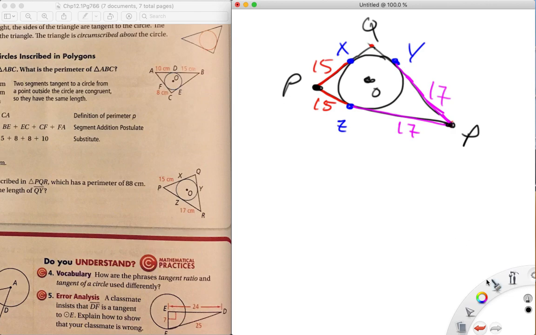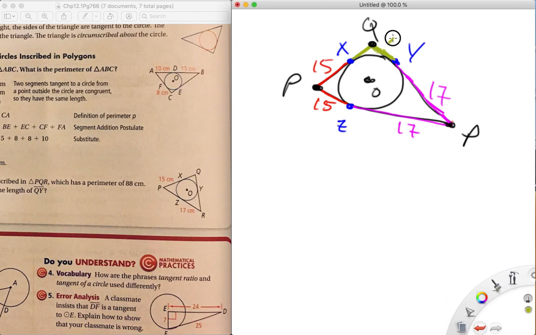They want to know what these guys are up here. I don't know what they are just yet, but I do know that they're the same distance.